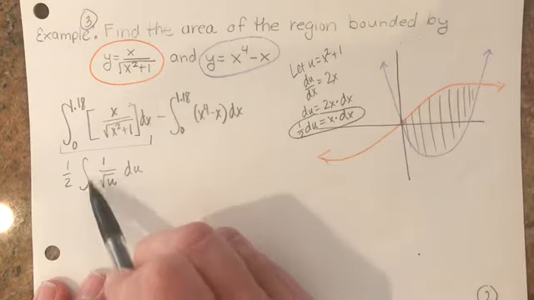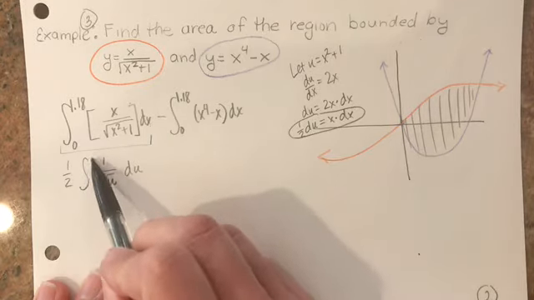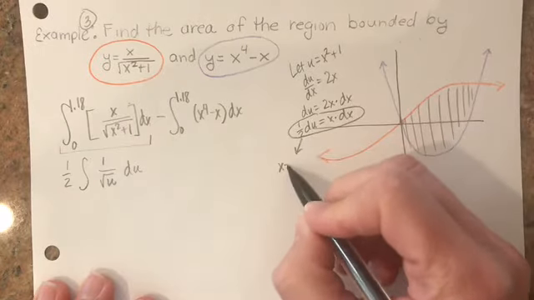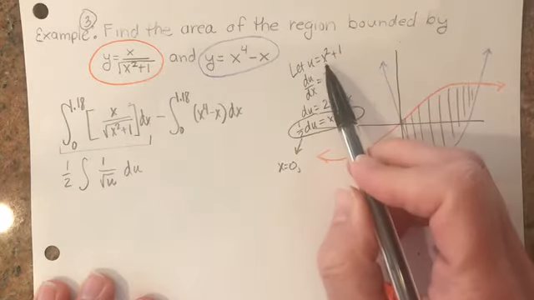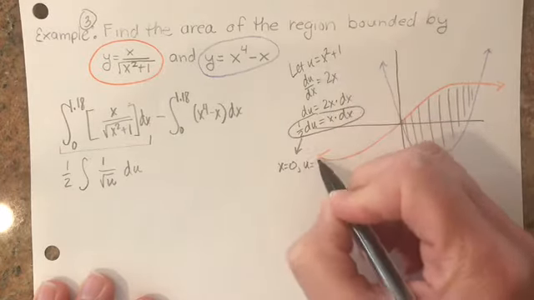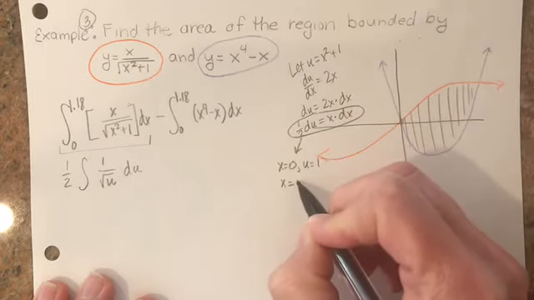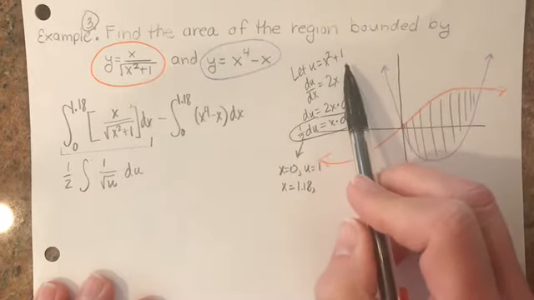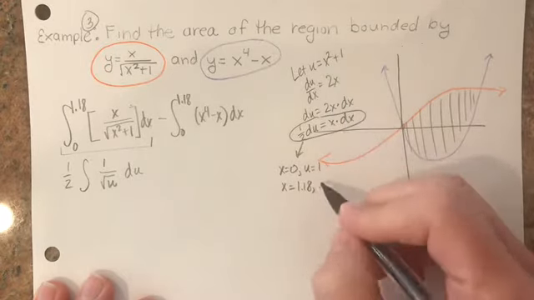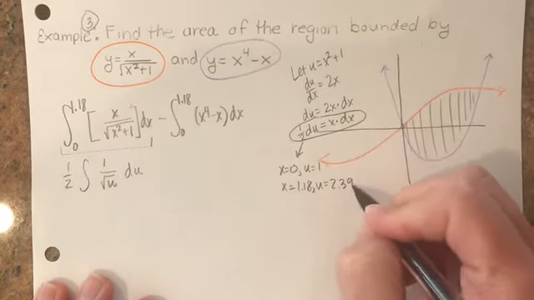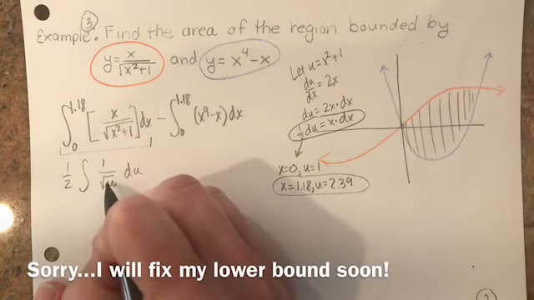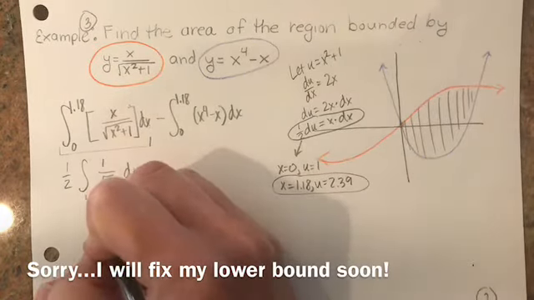Now, if I'm going to evaluate this with u, which I do think would be easier, I don't want to leave this 0 and 1.18. I want to say, hey, when x is 0, u is 1, and if x is 1.18, you just do 1.18 squared plus 1, u is 2.39. So these are the numbers that I want on this integral because it's in terms of u, 1.18 and 2.39.